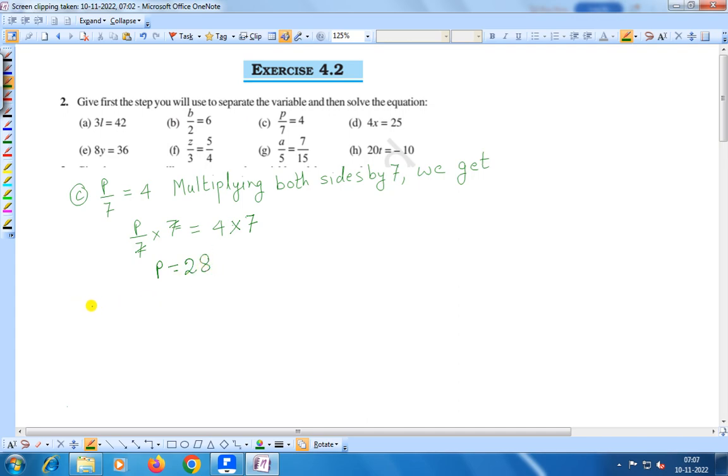Now question number D. Question number D is 4x is equal to 25.